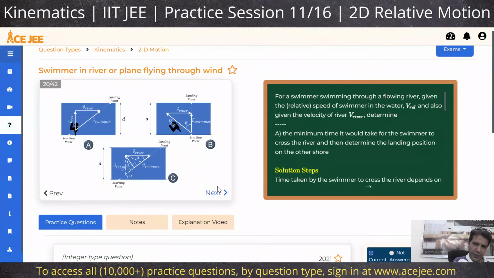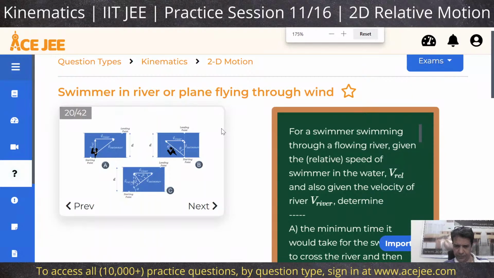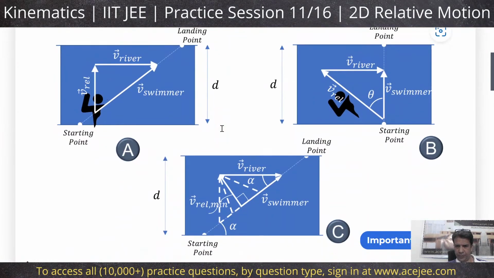Okay, so are you guys familiar with the swimmer in river problem? Chavi, beta, have you done that in center? Ruchika? Yes, sir, we've done it. Yes.